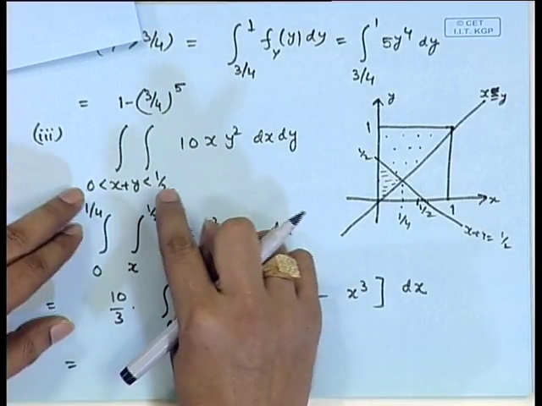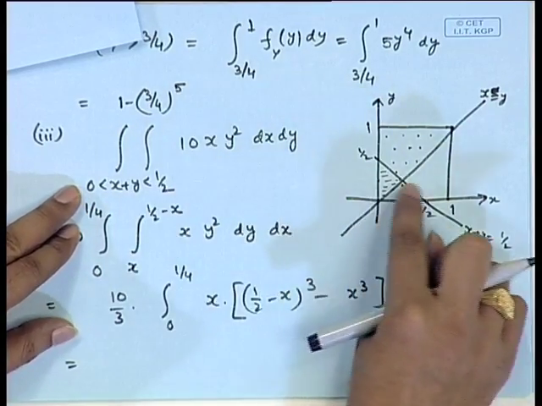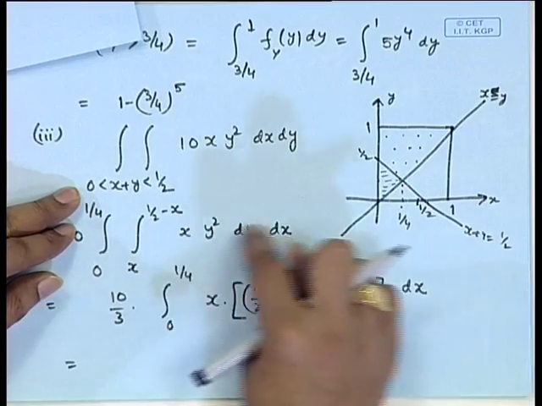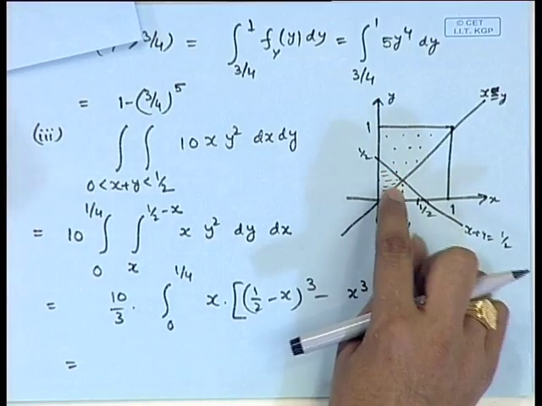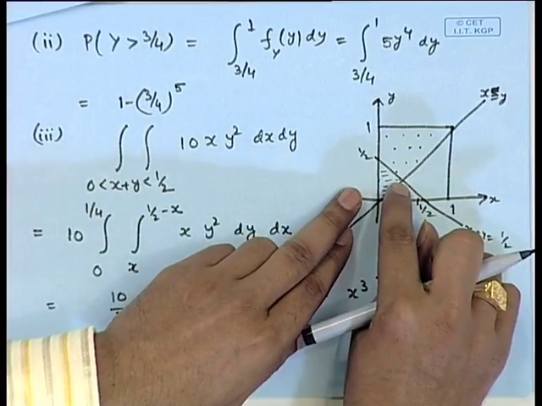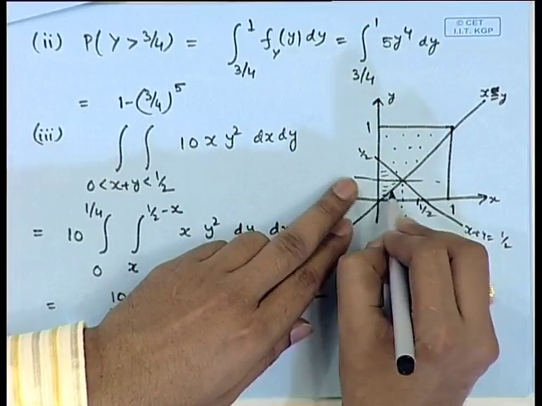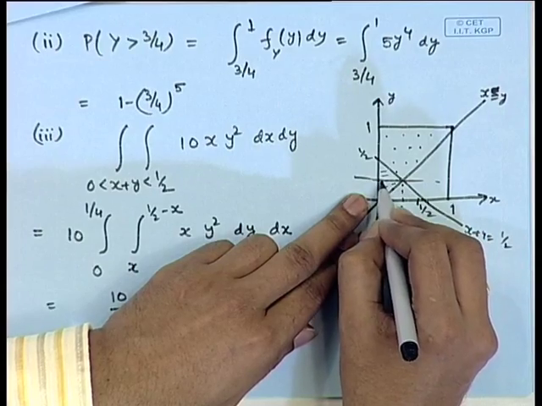Here you can observe that if we want to determine certain probability related to the joint distribution, we should determine the region of integration from the description of the distribution that is given there. If we wanted to integrate in a reverse way, then firstly you split it into two portions. In this portion x is from 0 to y and y is from 0 to 1 by 4.